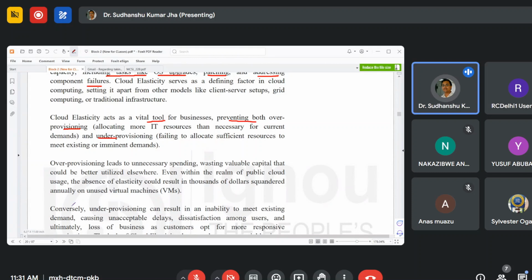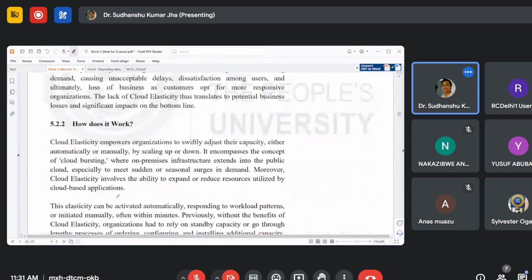Either your task will be terminated or the performance will be degraded. Whereas in the case of over provisioning, most of the resources may be unutilized. So both have their own merits and demerits.